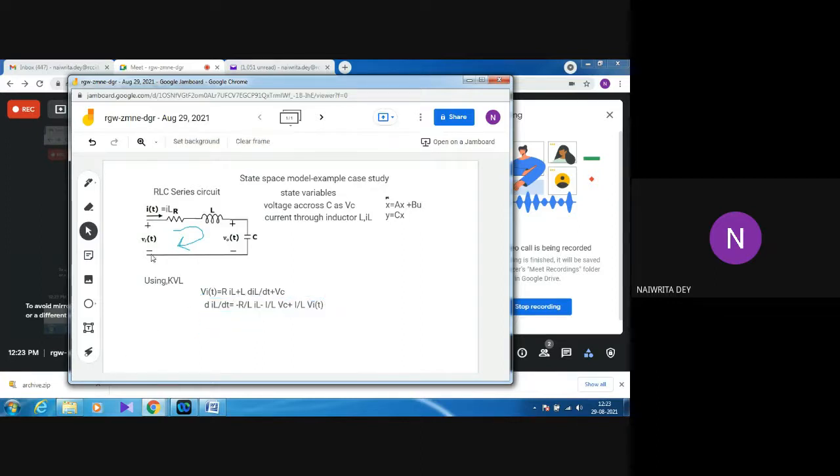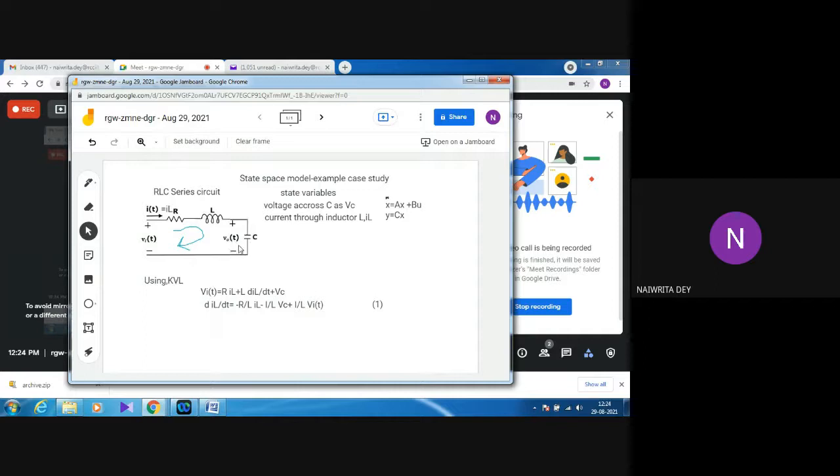So we have written this equation. Let me put it as equation number 1. Now I will write down the other equation, the expression for VC.